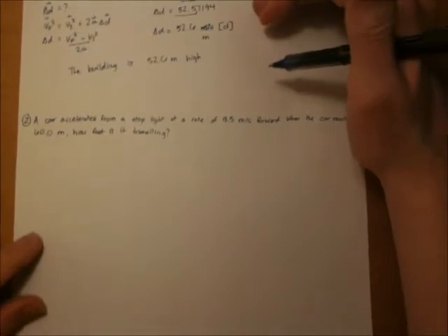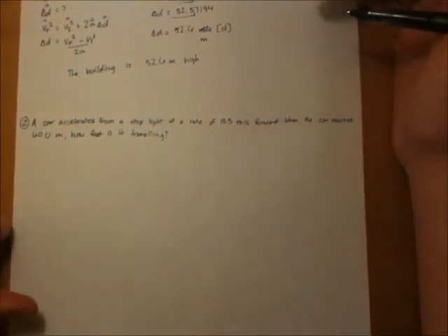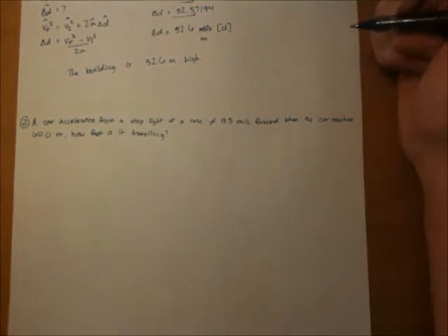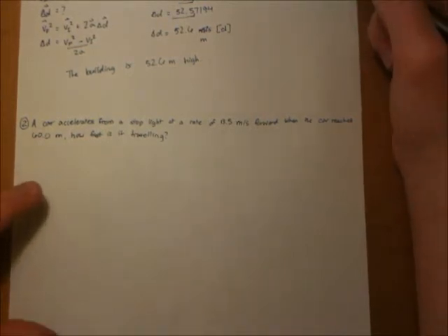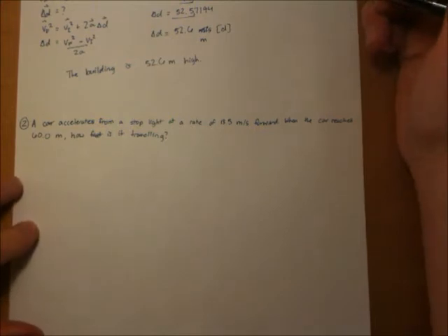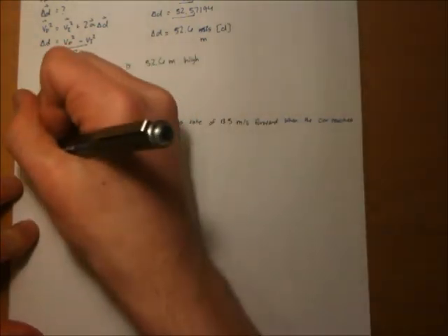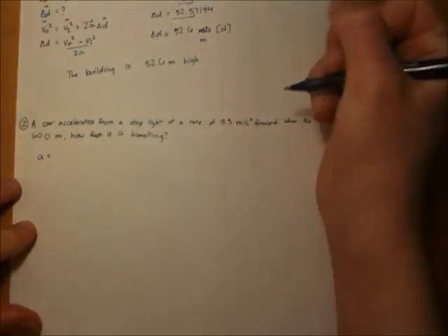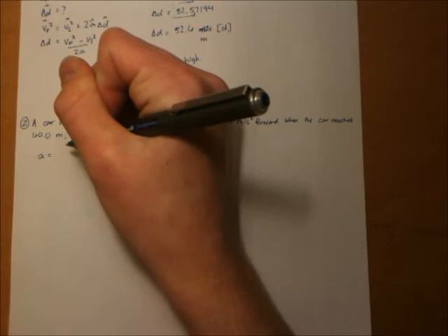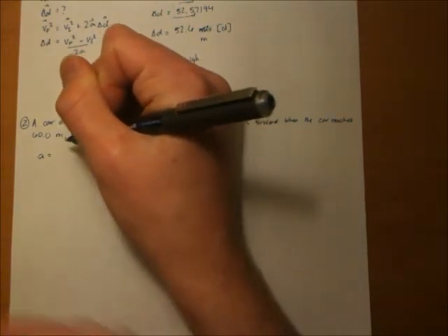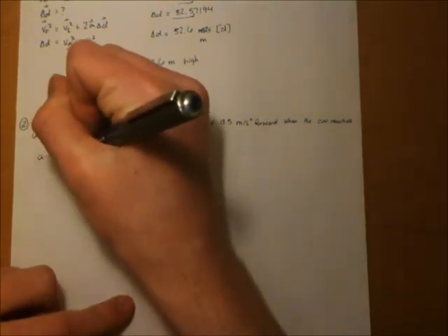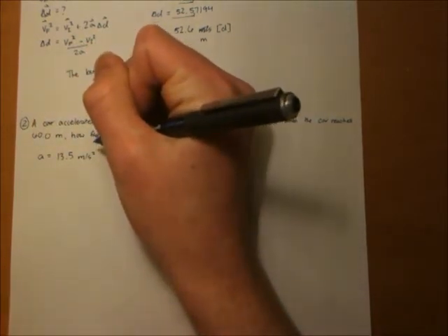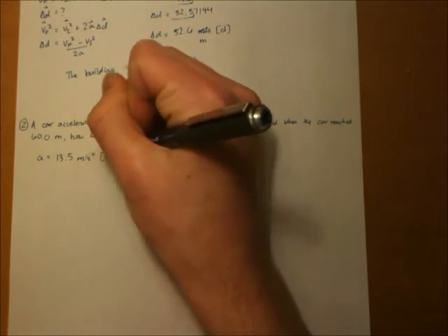The next question. A car accelerates from a stoplight at a rate of 13.5 meters per second squared forward. When the car reaches 60 meters, how fast is it traveling? In this question, the first thing we do is write down our givens. The acceleration is 13.5 meters per second squared, and that is forward.